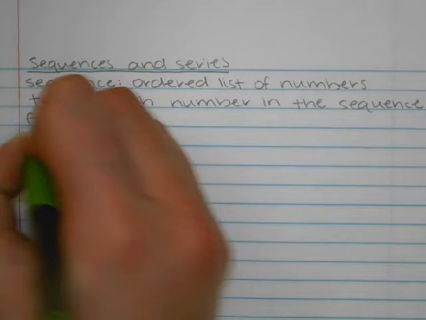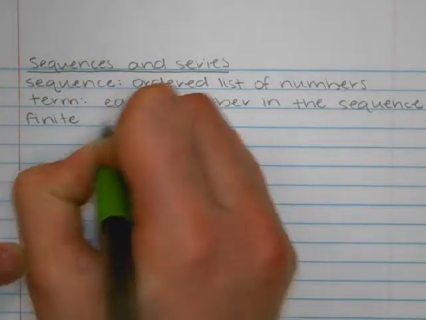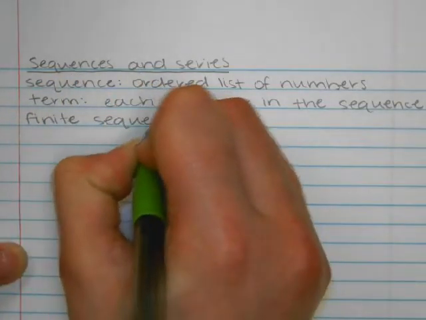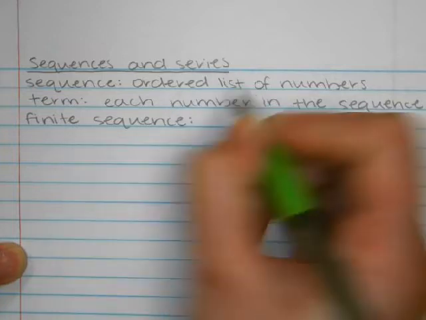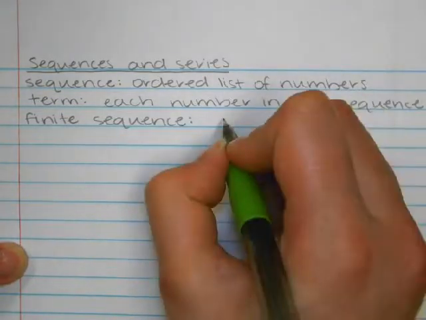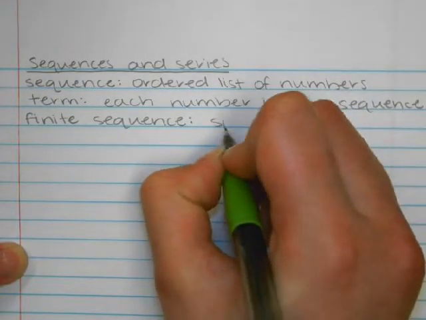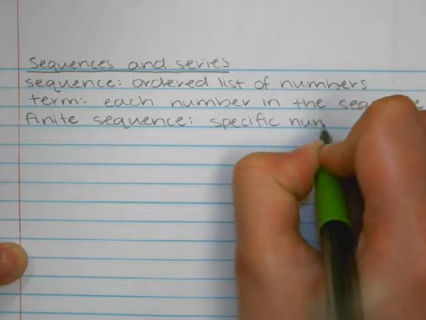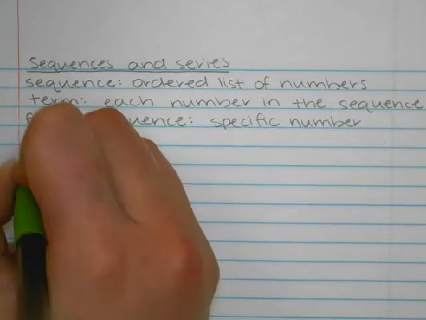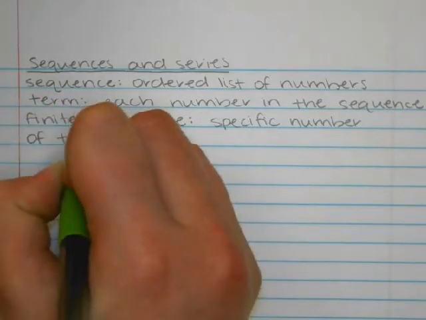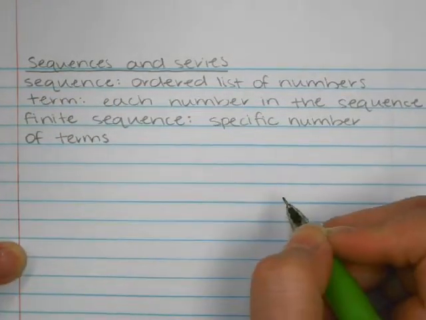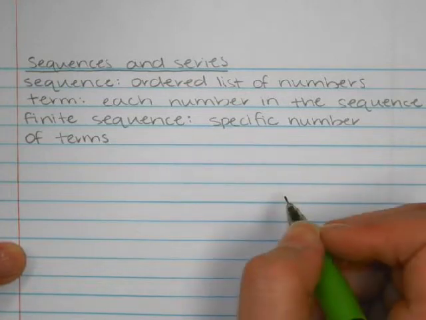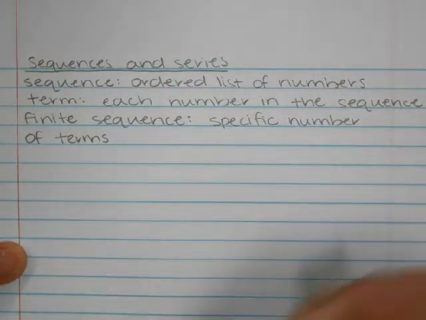Next, we have finite sequences and infinite sequences. So a finite sequence is a sequence with a specific number of terms. So it has 5 terms and then it ends, or it's got 17 terms and that's it.